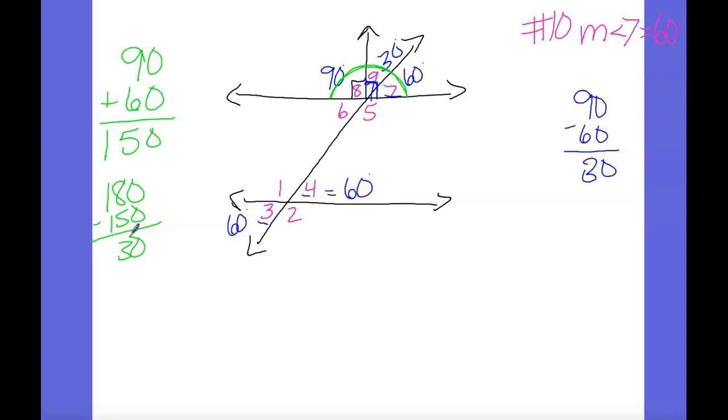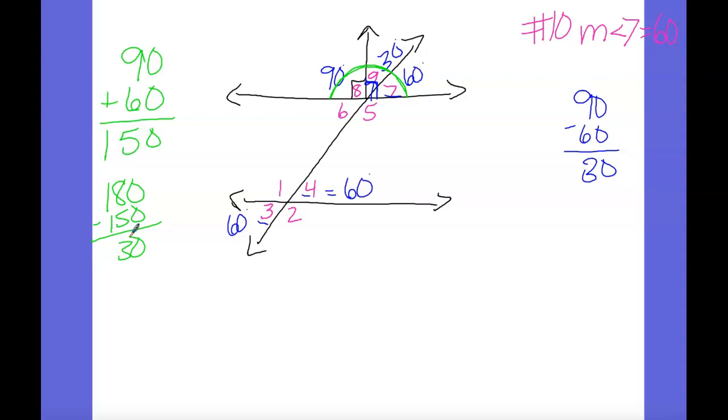6. Okay, so what are you going to use for 6? The number 7. Okay, what relationship do 6 and 7 have? Oh, it's the alternate. 6 and 7 are not alternate interior because 7 is not on the inside.